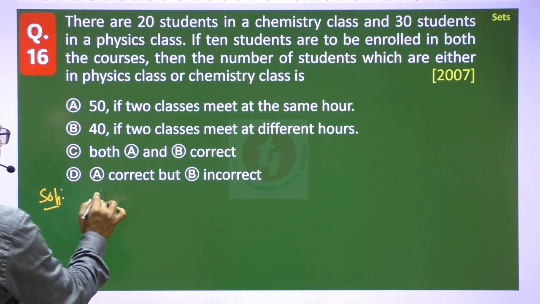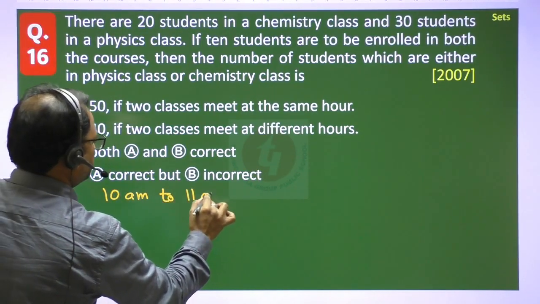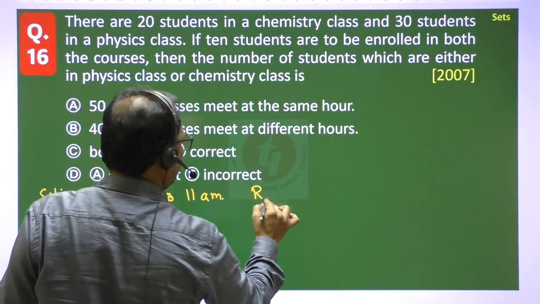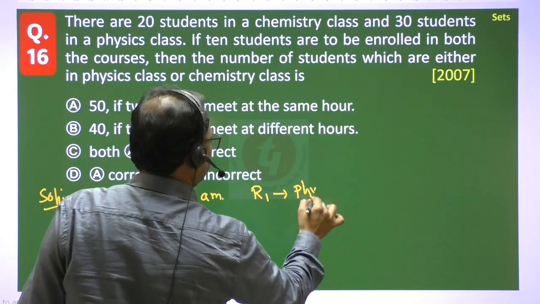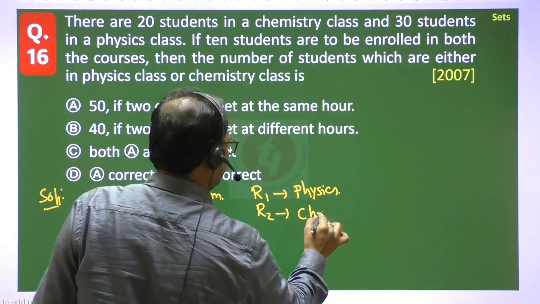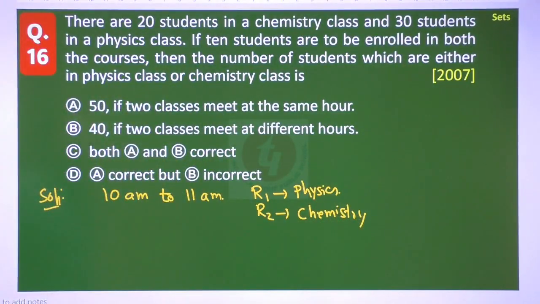Suppose from 10 AM to 11 AM there is a physics class in room 1, and in room 2 a chemistry class is going on. If both the classes are going on in room 1 and room 2, then a student enrolled in both subjects cannot attend both classes at the same time.